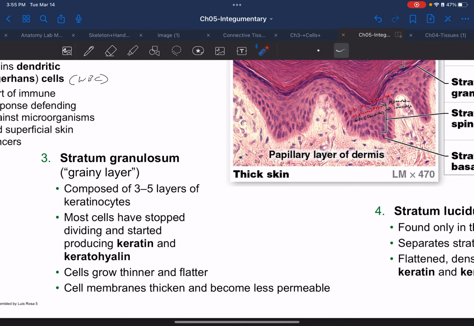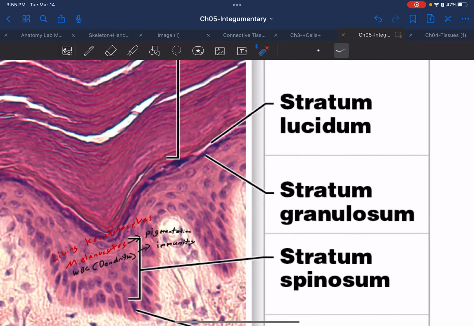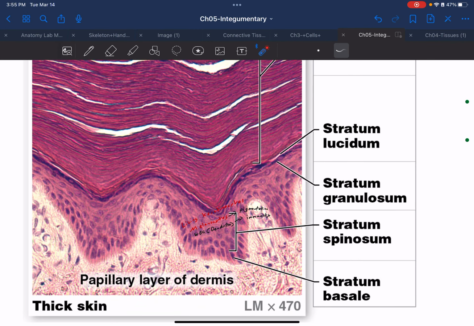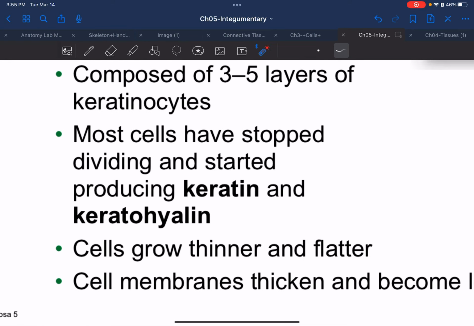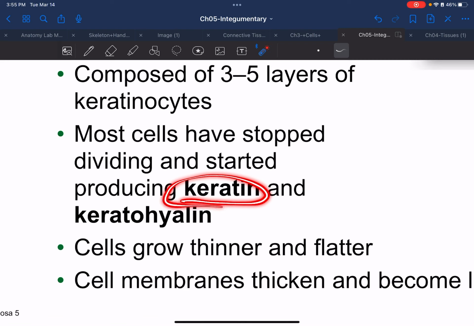Next, we have our stratum granulosum. That's going to be the next superficial layer. And that's the boundary you see here, where you can't really see nuclei anymore. It's named after the fact that this is where the granules really start filling up with keratin and even start releasing out into the cell.